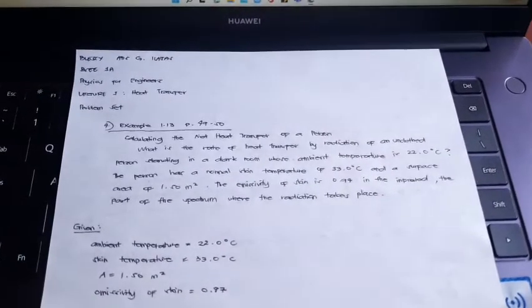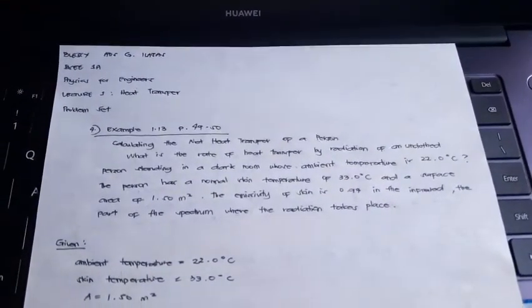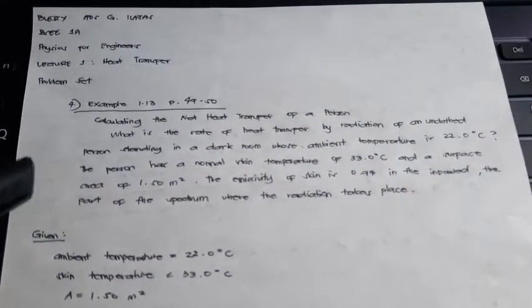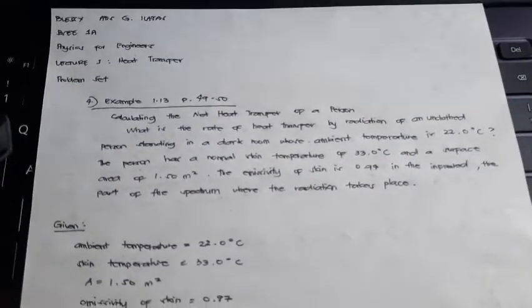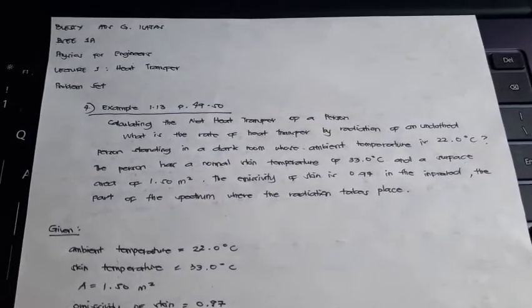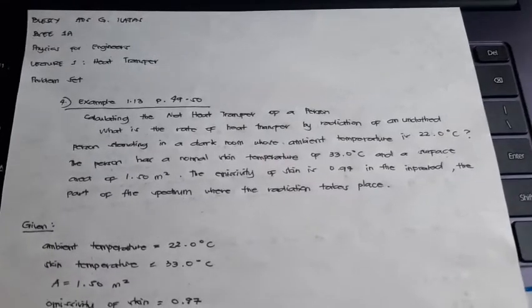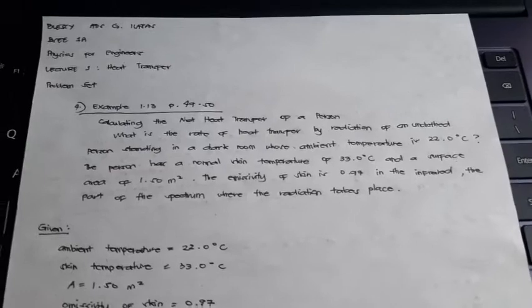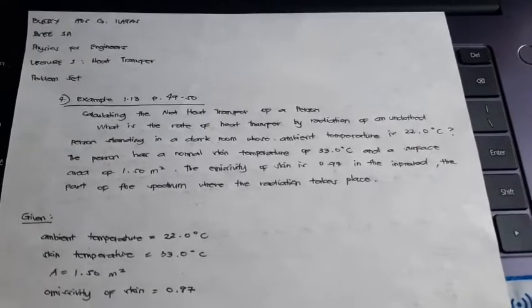So let's proceed to the final problem set on lecture 1, heat transfer. Number 4, example 1.13 on pages 49 to 50. Calculating the net heat transfer of a person. What is the rate of heat transfer by radiation of an unclothed person standing in a dark room whose ambient temperature is 22.0 degrees Celsius?